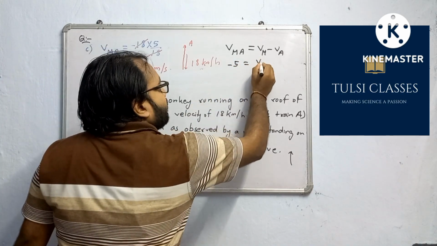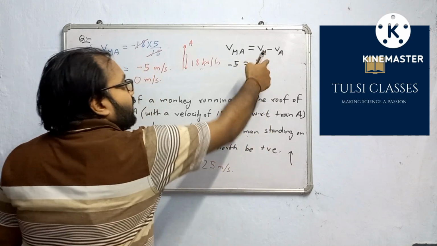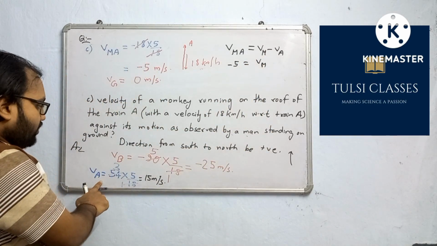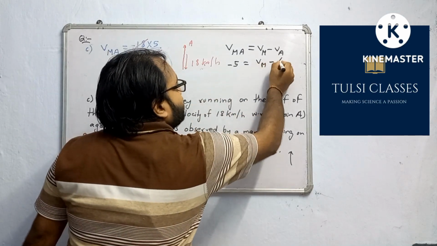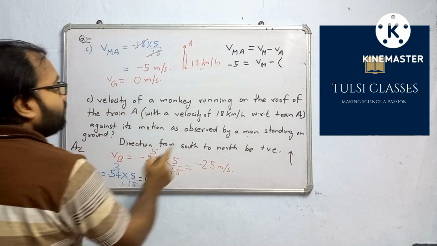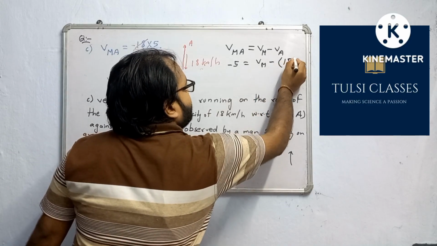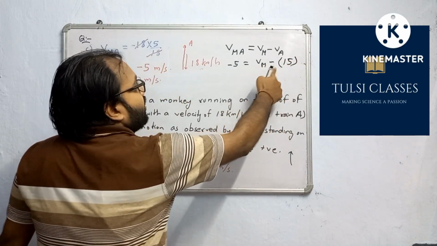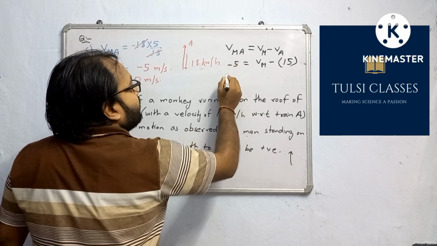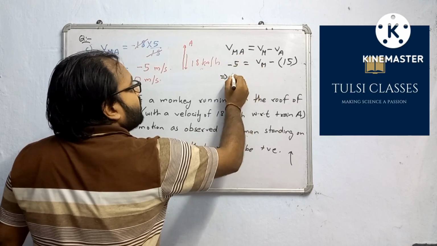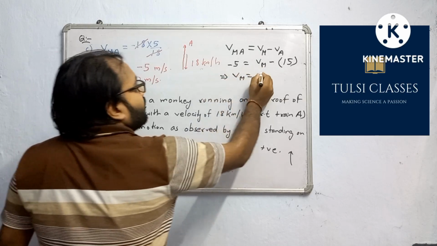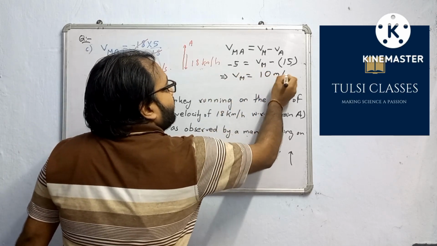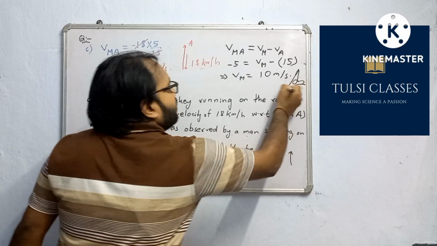So we will write VM, we don't know, minus VA. VA was how much? 15 meter per second. So we will write minus 15 meter per second. VM minus VA is equal to VMA. Transferring this, VM will become equal to 15 minus 5, that is 10 meter per second is our answer.